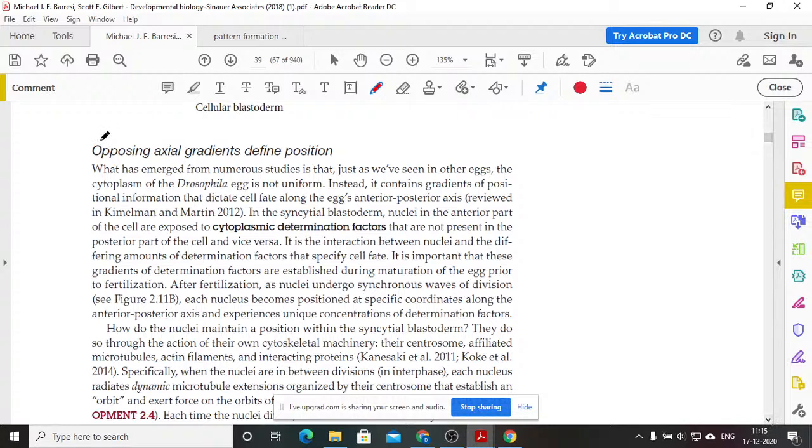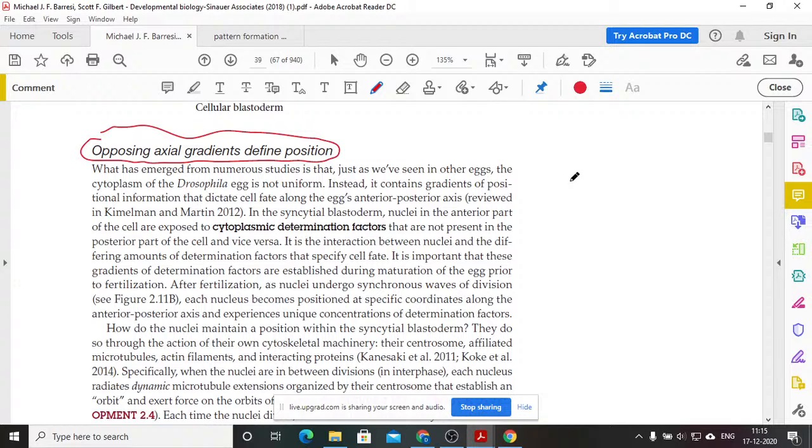The next thing is opposing axial gradients, they define the position. What has emerged from numerous studies is that the cytoplasm of the egg is not uniform. If a factor is present, it is not present uniformly throughout the cell.